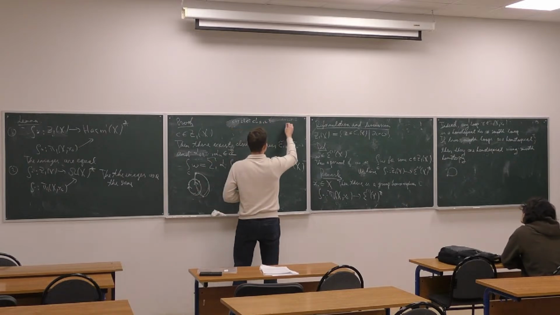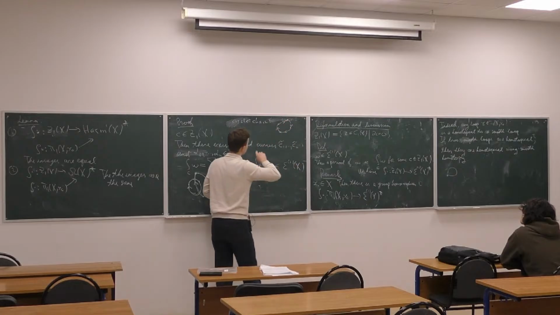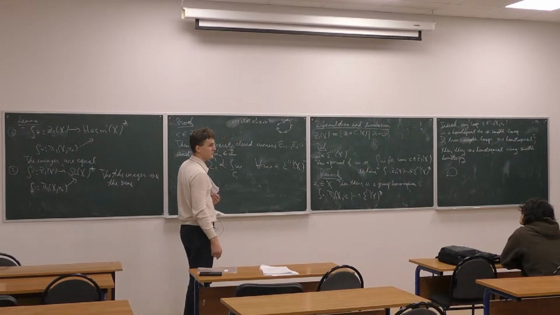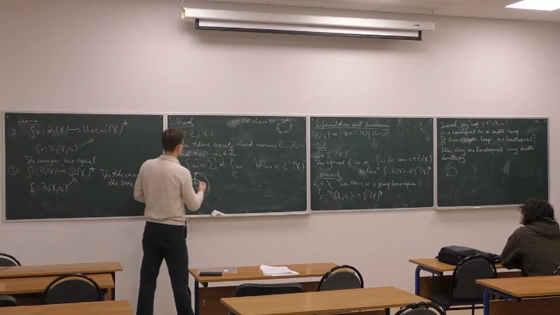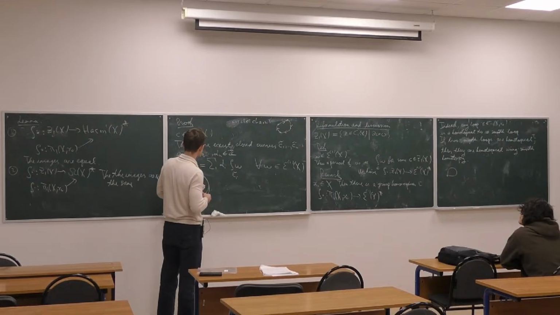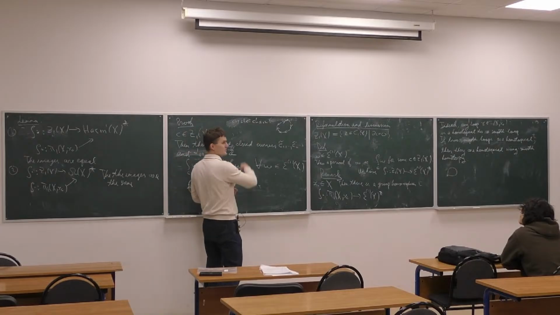Let us say that a circle chain is a chain that has this form, that is a linear combination of curves of this form. Then I want to say that it's easy to see that any closed chain is a linear combination of circle chains.